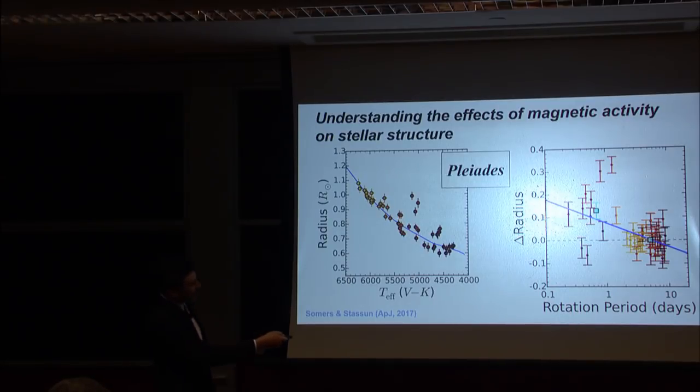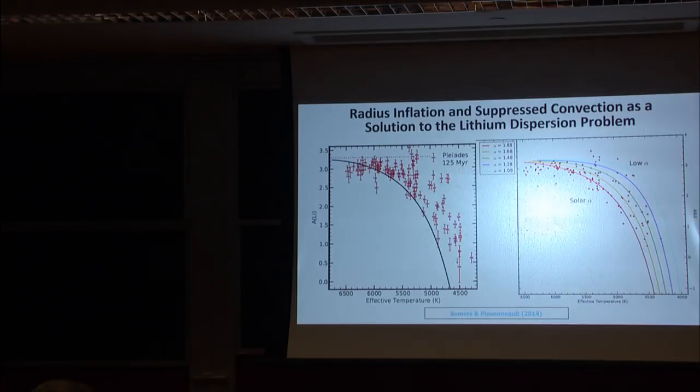And when we then bring in the measured rotation periods of these stars, there's a pretty strong, though not perfect, correlation, where the inflated stars, and we've measured these radii directly now, also happen to be the fast-spinning, presumably chromospherically active ones.